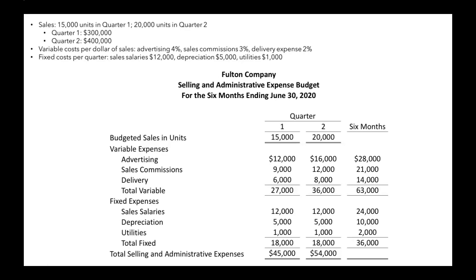And then for the first 6 months, we could take the $63,000 in our total variable plus our $36,000 in total fixed, or we can add up the total selling and administrative expenses for quarter one and quarter two, so the $45,000 and $54,000 that we just solved for. Either way, when you add those up, you will get $99,000 as your total selling and administrative expenses for the first 6 months.